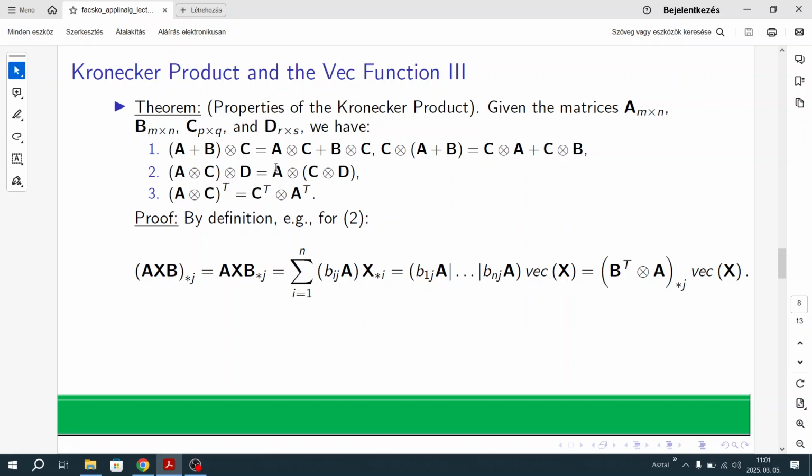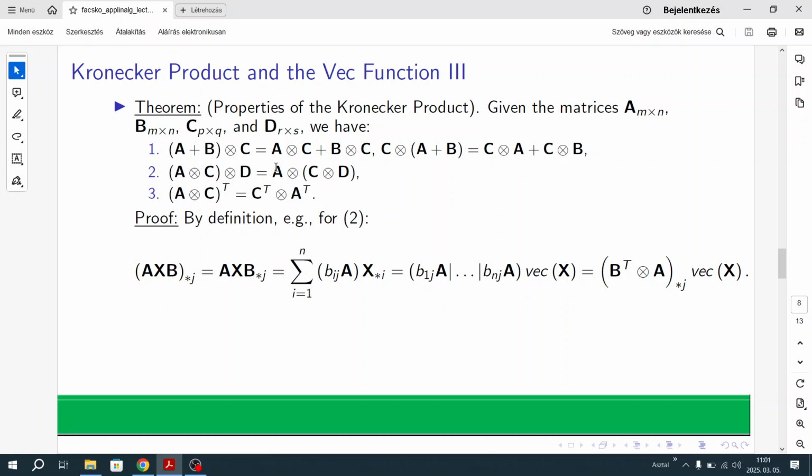Not here, but very soon. Then you can do the following. The transpose of the Kronecker product of A and C is the same as the Kronecker product of the transpose of C and the transpose of A. That was the same for matrix multiplication and transposes.